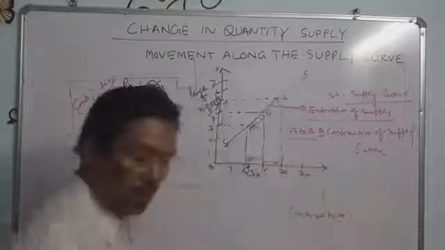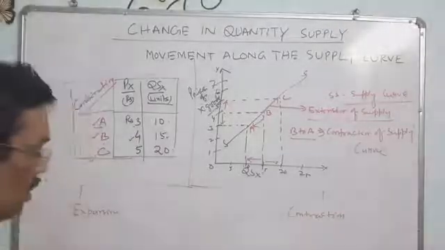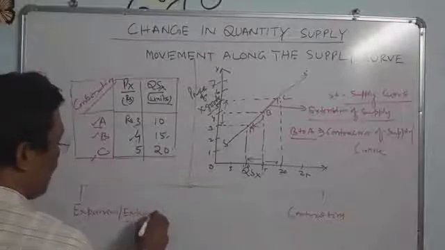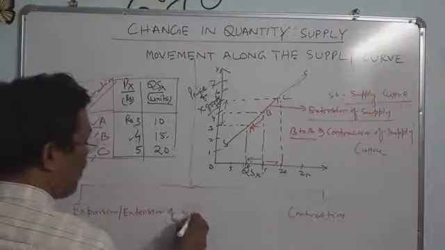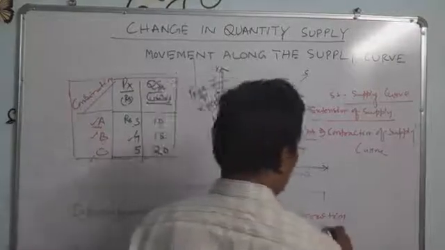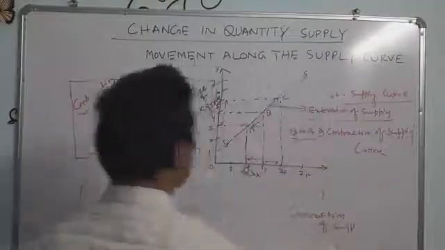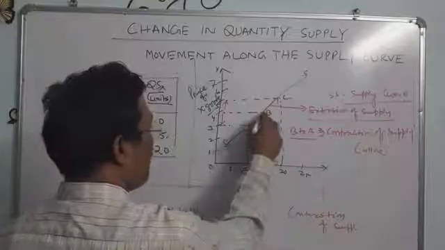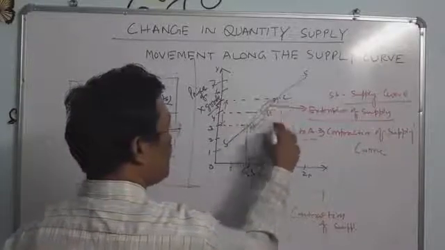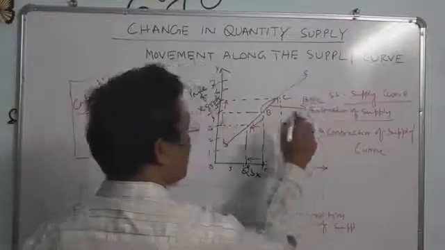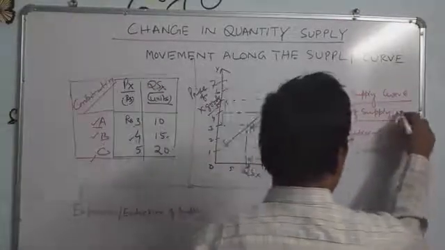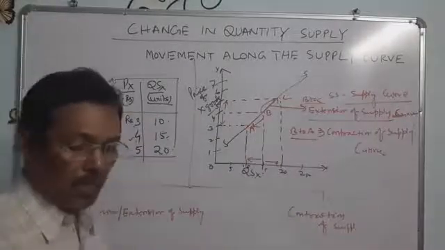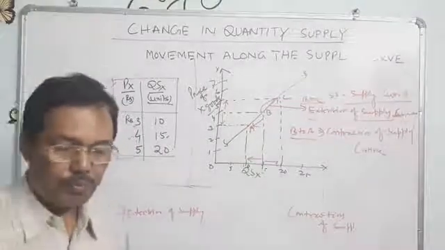Clear? So when price increases, quantity of supply increases, the movement on the same supply curve from B to C is called the extension of supply. B to A, the movement on the same supply curve, is called the contraction of supply.